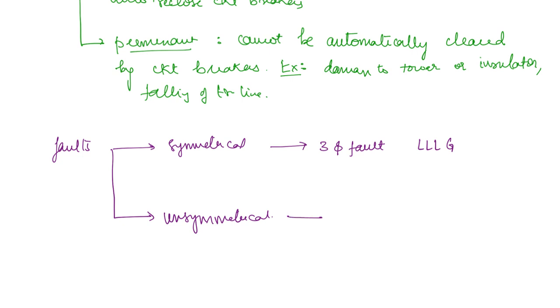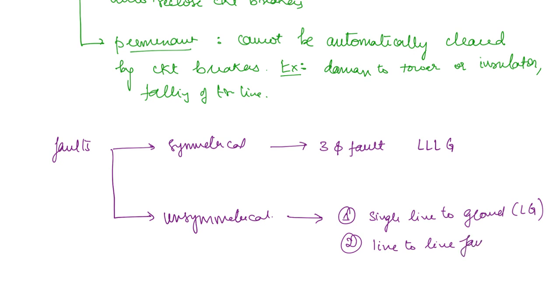What happens in unsymmetrical fault? You have different types. First one is the single line to ground fault, called LG fault. One line is short circuited with the ground. The second one is the line to line fault. That means two of the lines are short circuited.